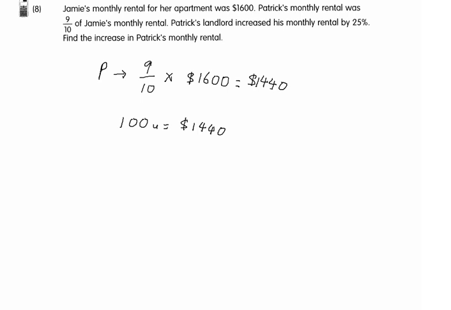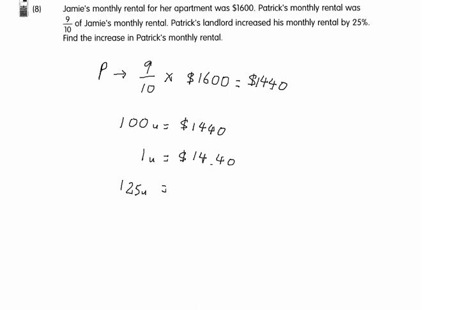So first of all, I find 1 unit first, which is $14.40, right? And then I find 125 units. But are they asking for his new rental? They are asking for the increase, right?